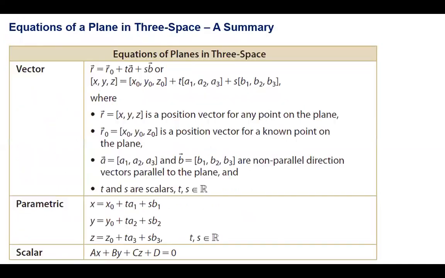Okay, so now let's make a summary. The equations of a plane in three space can be written as a vector equation, a parametric equation, and a scalar equation, right?